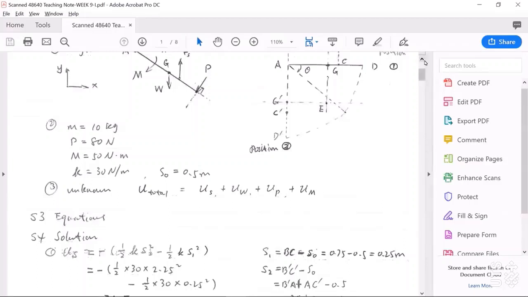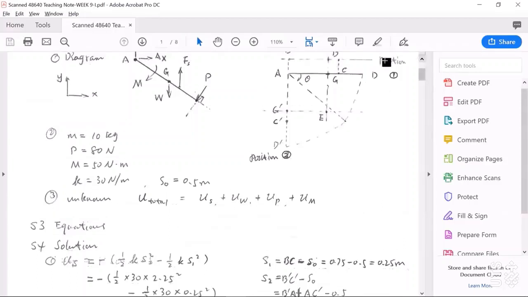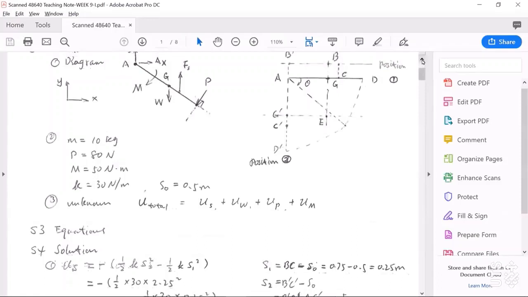The absolute length of the spring in position 1 is BC, and this distance can be obtained in the diagram. It's 0.75. The unstretched length of this spring is 0.5, so S1 is 0.25 meter.